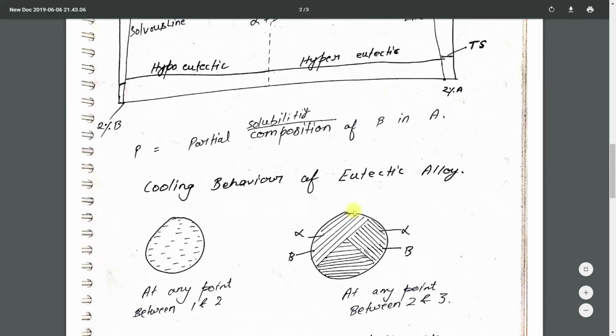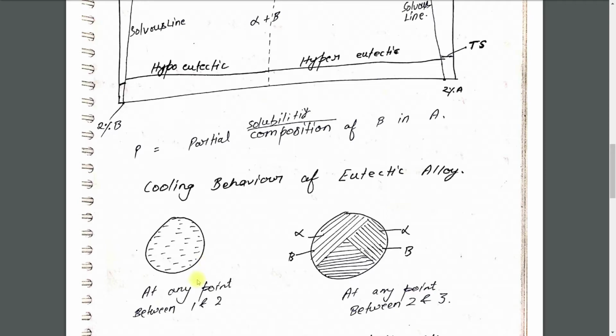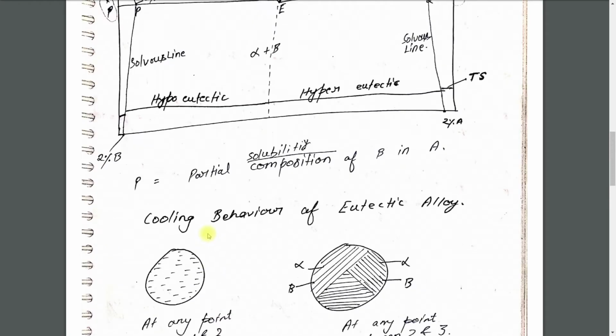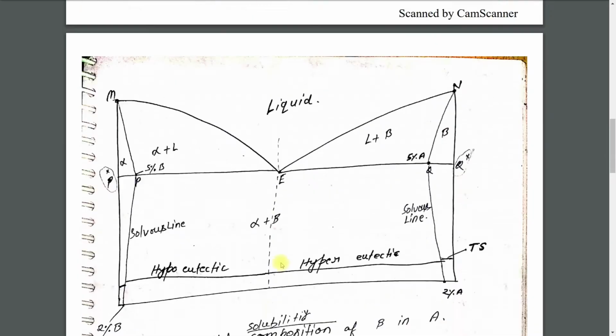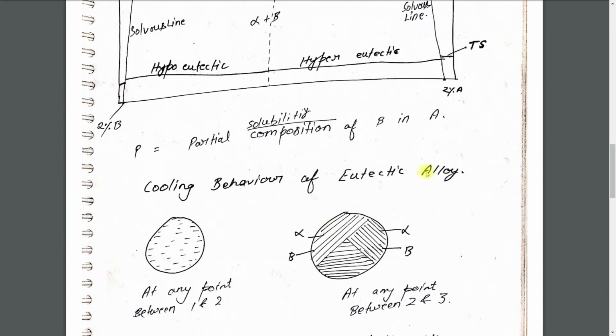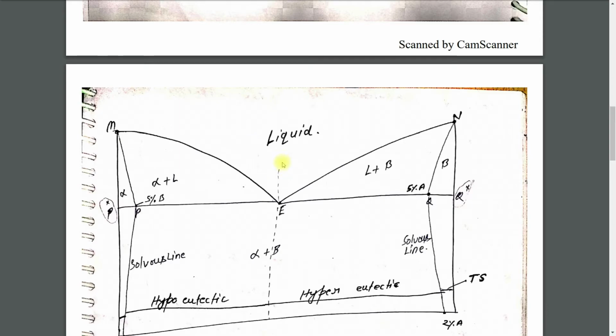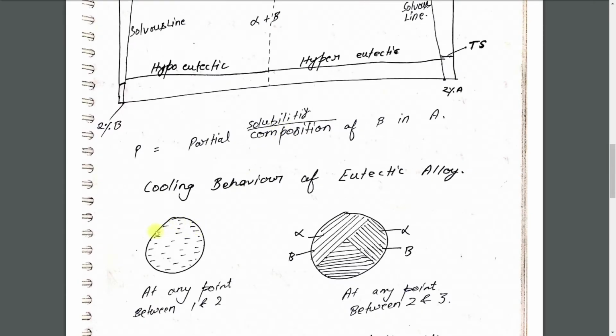Similarly here. Now we discuss the cooling behavior of the eutectic alloy. Let's see here: this is point 1, 2 is here, and 3 is here at the eutectic point. At 1, all the substance is in liquid form, so this is a pure homogeneous system.